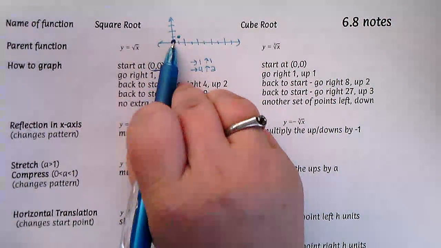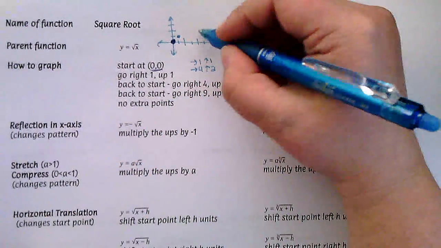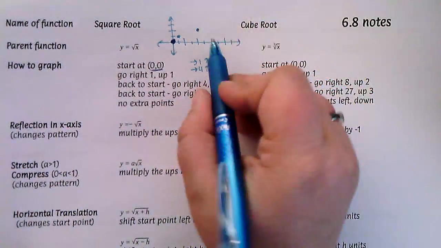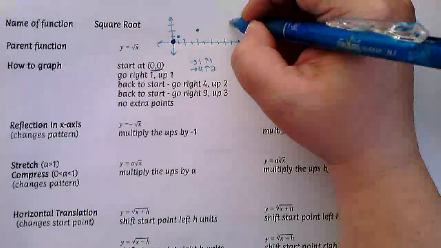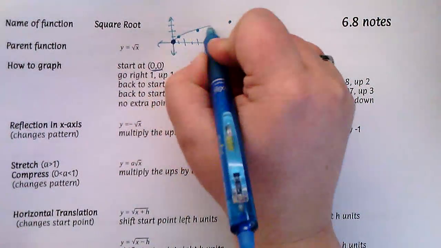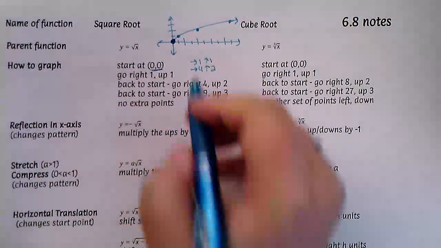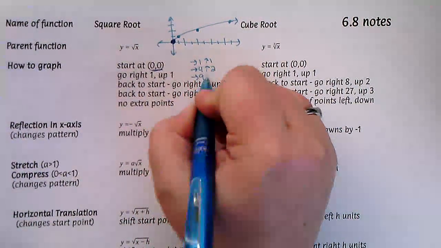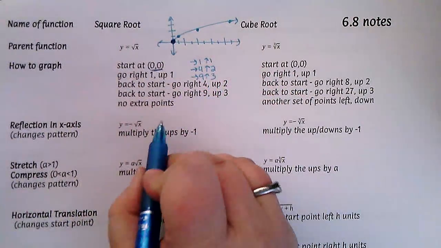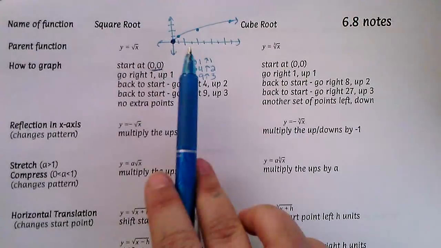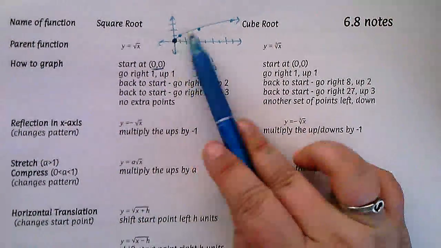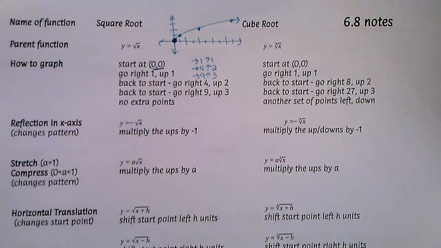Always going back to this start point: right 4 up 2, back to the start point, right 9 up 3. And that is all, there are no extra points. So this is all we've got going on for this graph. We like to call it the eyebrow because it just has one little eyebrow thing going on.